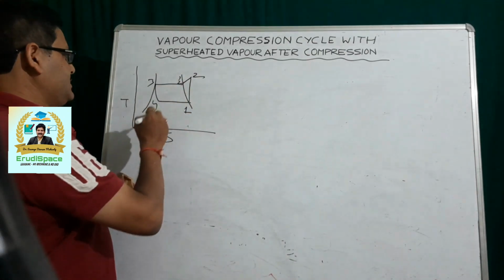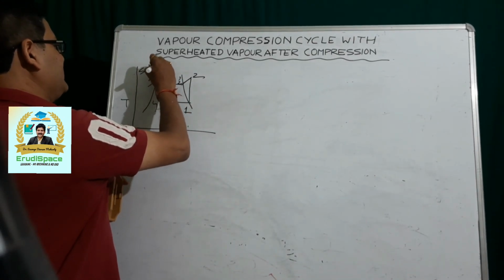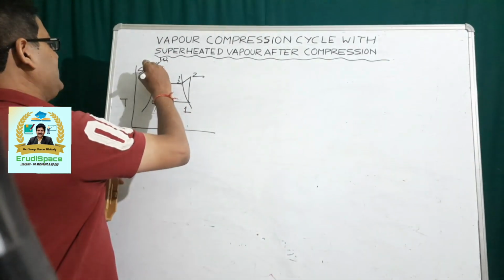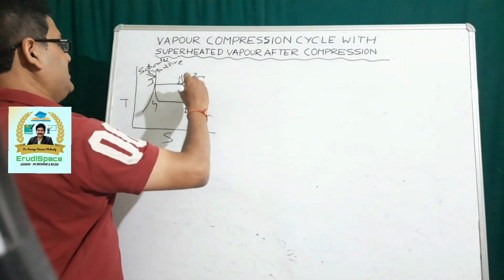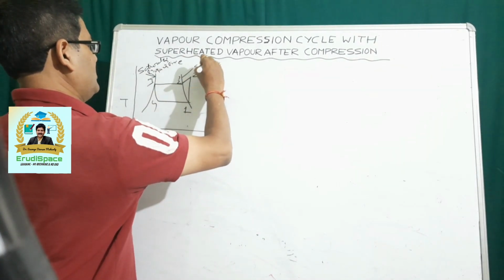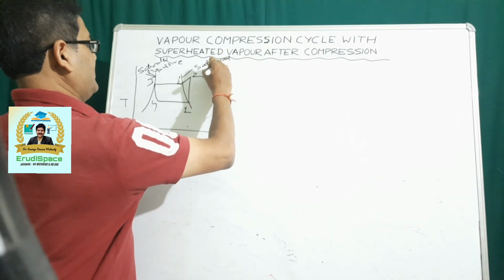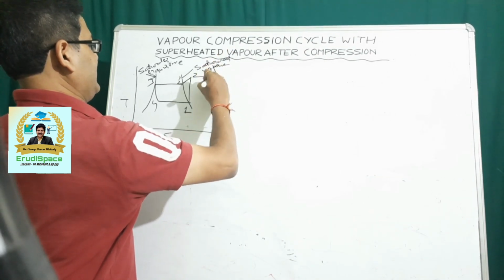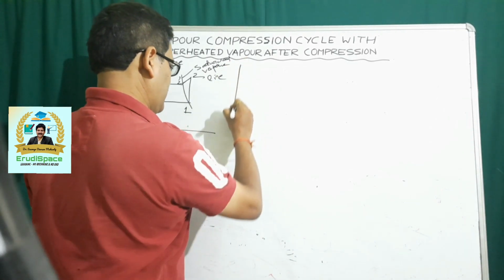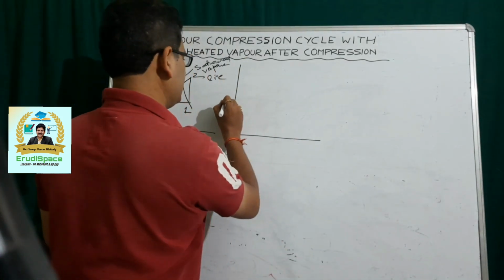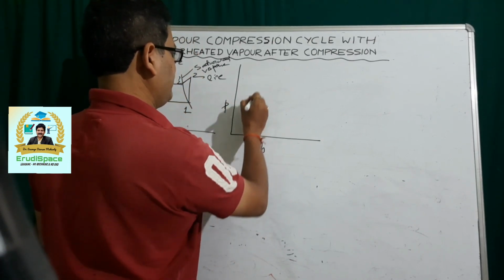These two are the saturated liquid line, and this one is your saturated vapor line. This actually represents your pressure enthalpy diagram.